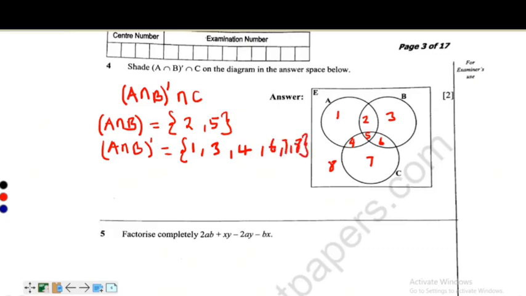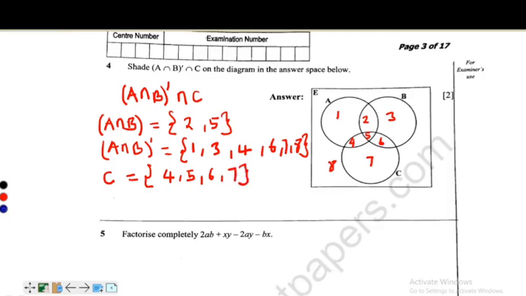I've just removed 2 and 5. Now let us identify set C. Set C is 4, 5, 6, and 7. This is our set C.